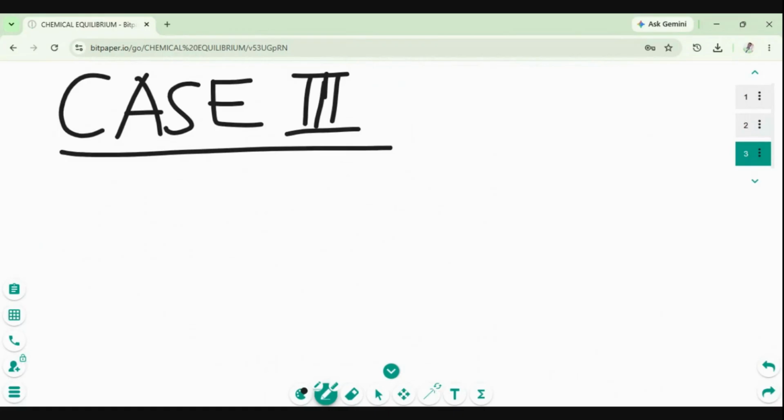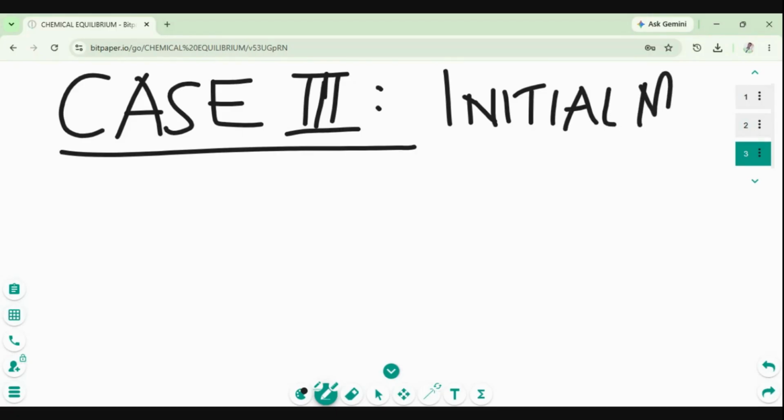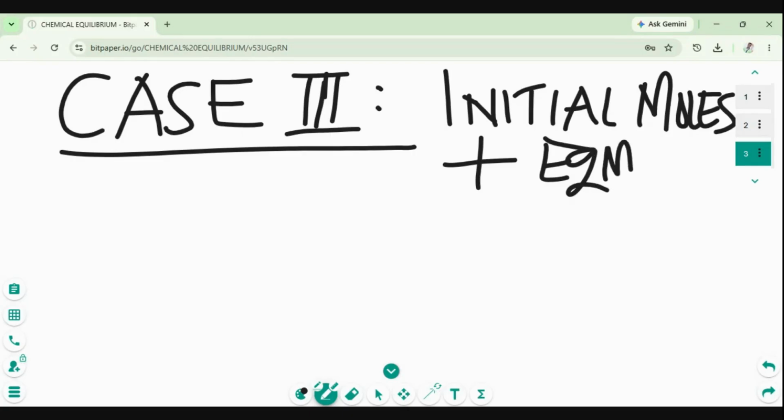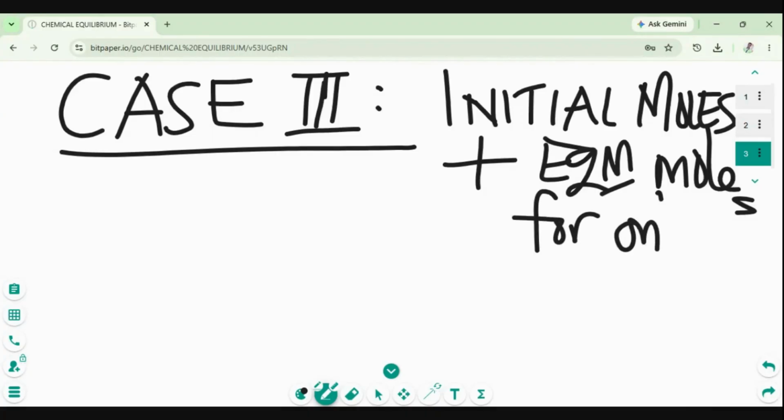Now, case 3 is when you know the initial moles plus the equilibrium moles for only one of them.